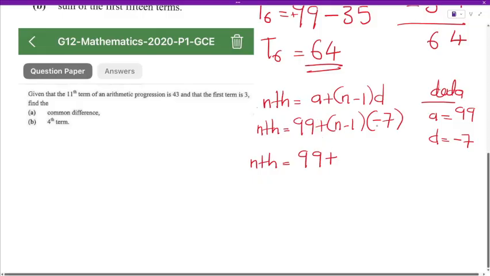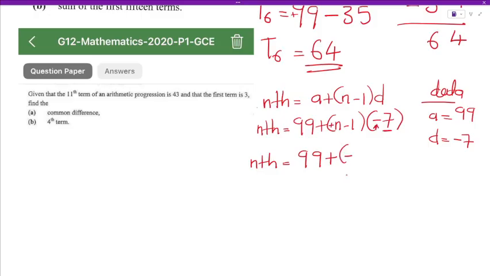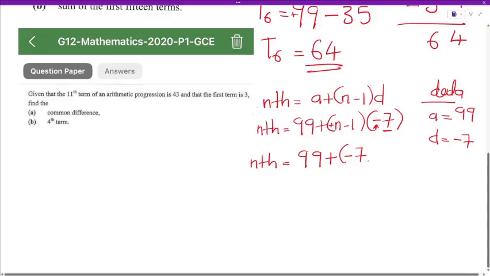Then remember this negative 7 has to multiply with positive n and negative 1. So negative here times the positive there gives you a negative. Then 7 times n, that is 7n. You close the bracket.